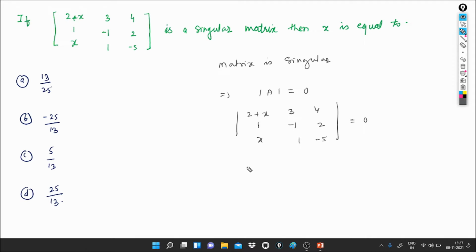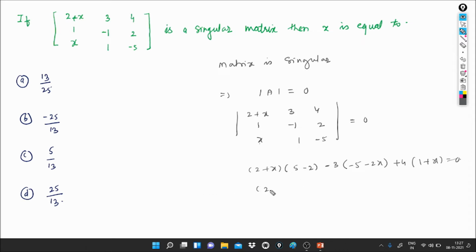Let us solve this determinant using the first row. So 2 plus x into 5 minus 2, minus 3 into, deleting this and this, minus 5 minus 2x, plus 4 into, deleting this and this, 1 plus x, is equal to 0.